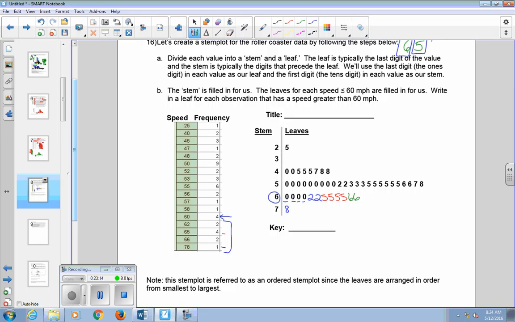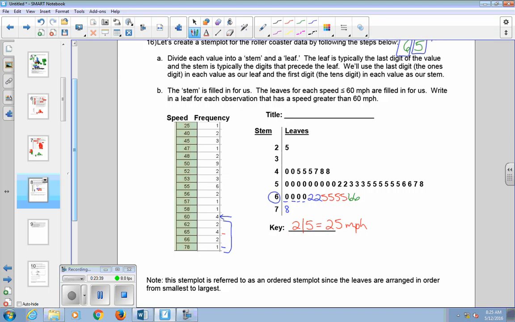And with all of these, we want to make sure we include a legend or key at the bottom, giving somebody the ability to interpret this. So we might say, for instance, 2, and then we use that vertical line to indicate what separates the stem from the leaves, 5 is 25 miles per hour. Okay. So note the stem plot is referred to as an ordered stem plot since the leaves are arranged in order from smallest to largest.